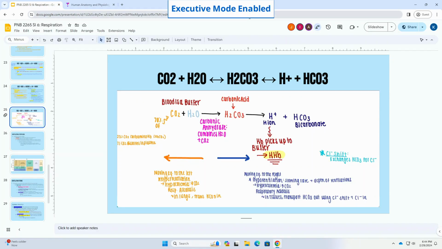So just to bring this back up, if you're decreasing a product on the right side, then the reaction is going to want to go that way to make more of the product. So taking away some bicarbonate would then make the reaction go towards the right.